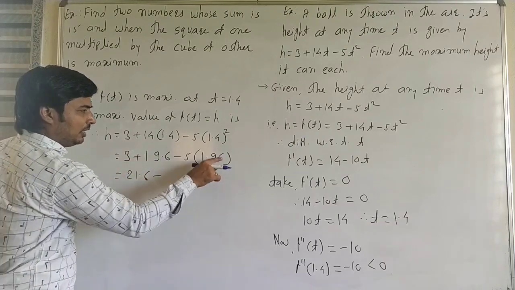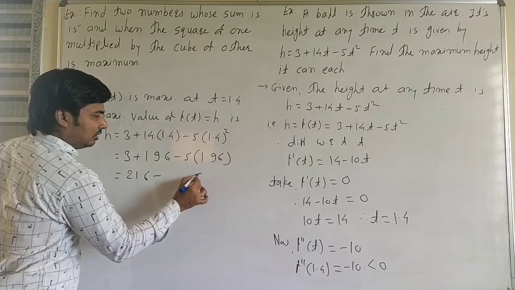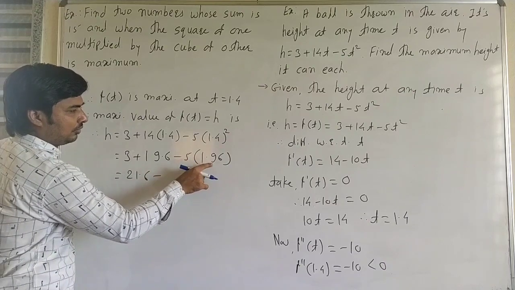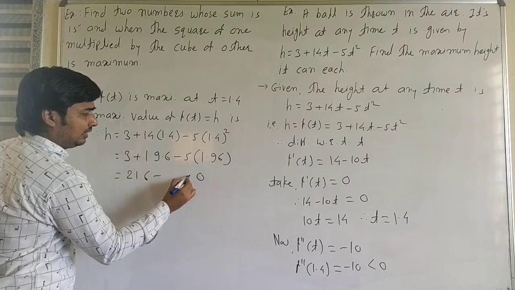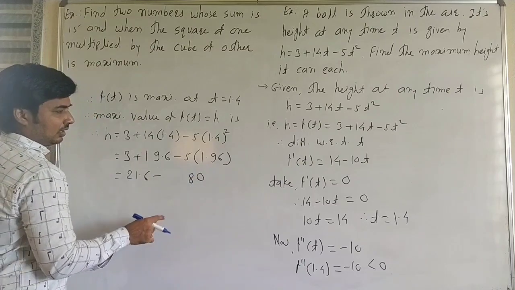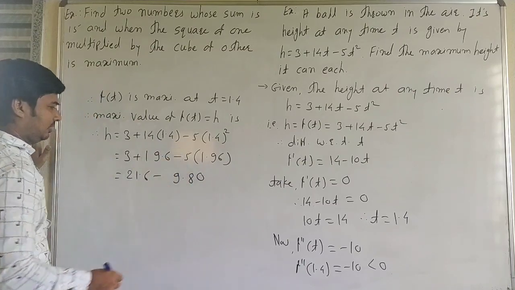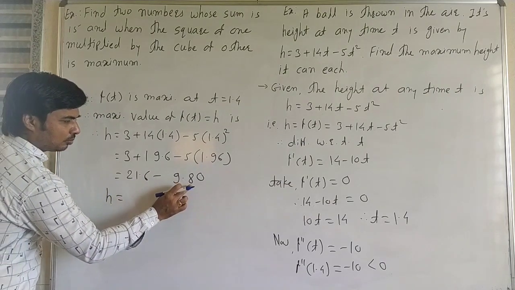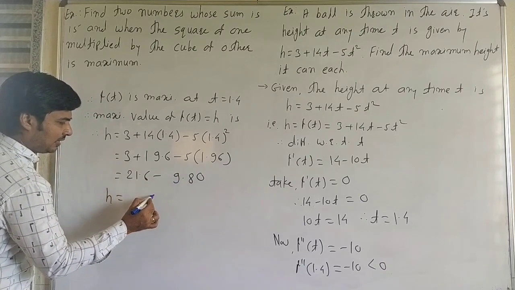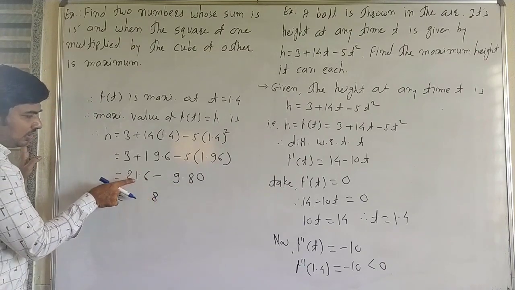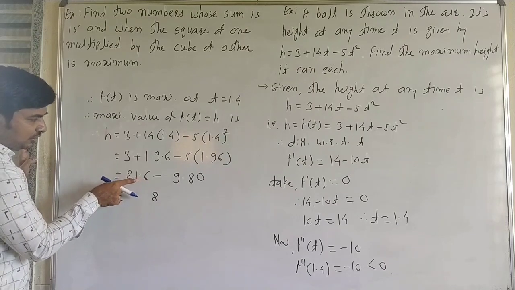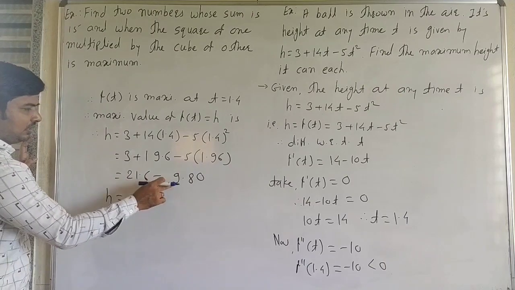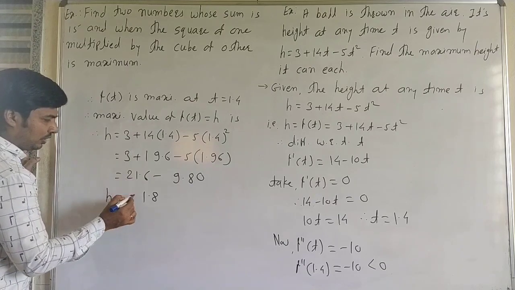Then it is 21.6 minus 5 into 1.96, multiply: 5 6s are 30, it is 0 carry 3; 5 9s are 45, and 3 is 48, carry 4; 5 ones are 5, and 4 is 9. Therefore h is equal to 21.6 minus 9.8, that is 11.8.